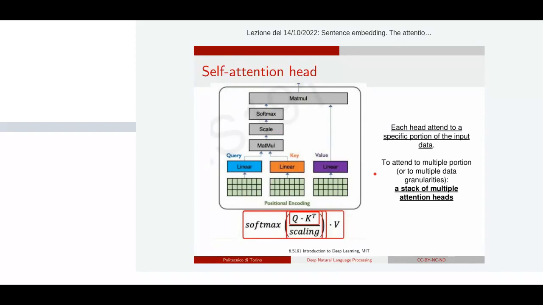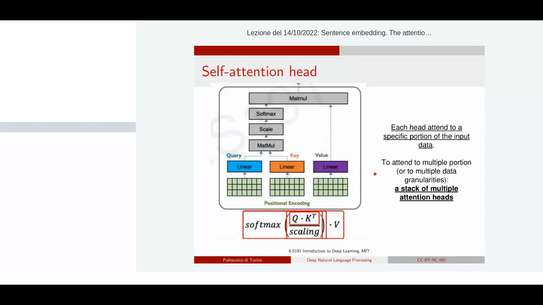we can build an architecture composed of multiple heads, where each head is basically a self-attention head. So what I have described until now can be considered as a unit, a head of your deep network.